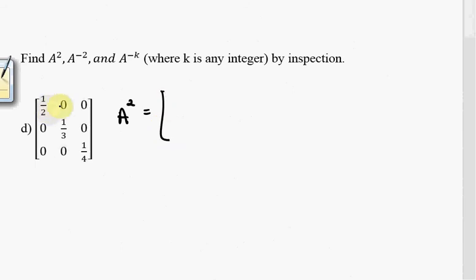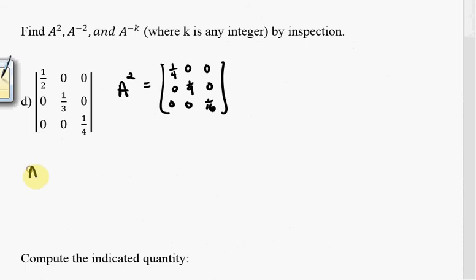So here, A squared is simply, we're going to square the terms along the main diagonal. So we get 1/4, 0, 0, 0, 1/9, 0, 0, 0, 1/16. And then you're asked to find the inverse of that. Well, the inverse is just the reciprocal of the terms along the main diagonal. So we get 4, 0, 0, 0, 9, 0, 0, 0, 16.